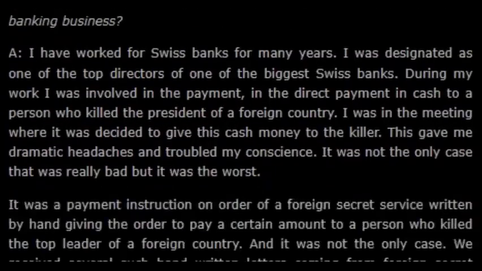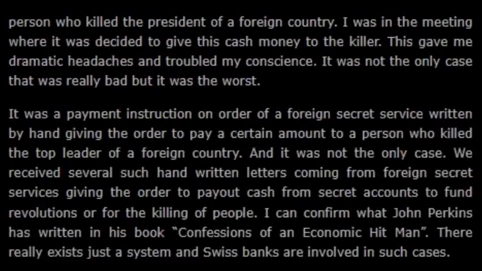This gave me dramatic headaches and troubled my conscience. It was not the only case that was really bad, but it was the worst. It was a payment instruction on order of a foreign secret service, written by hand, giving the order to pay a certain amount to a person who killed the top leader of a foreign country.